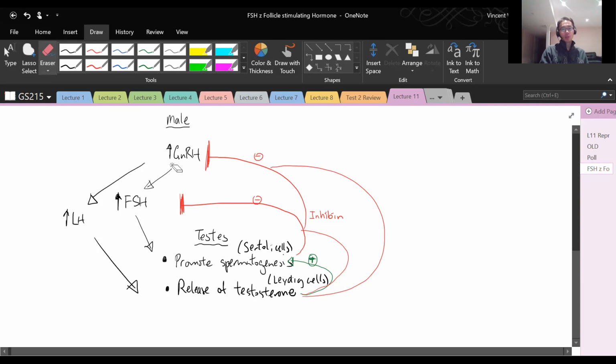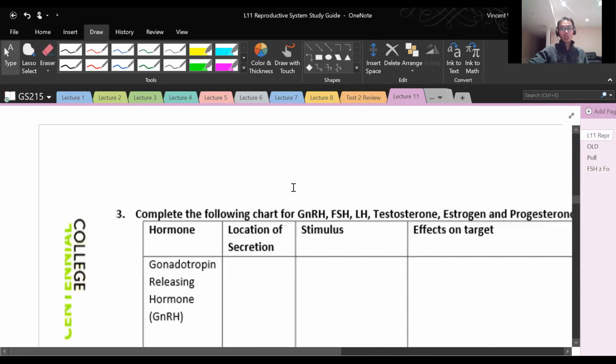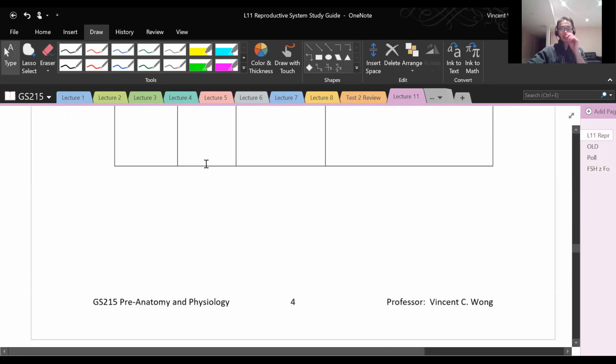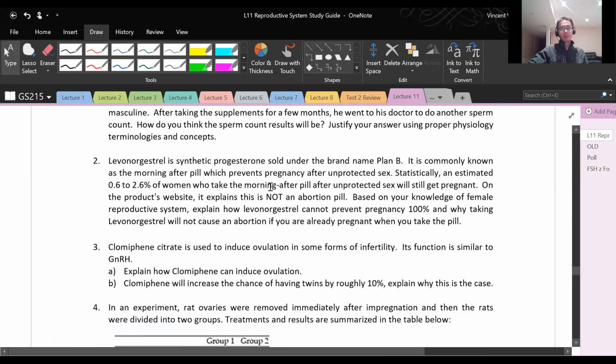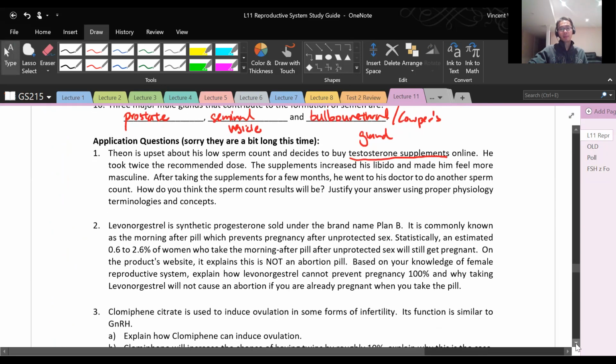As such, you will lower GnRH, lower FSH, lower LH, which ultimately throws your system out of balance. So you would expect him to have a low sperm count.